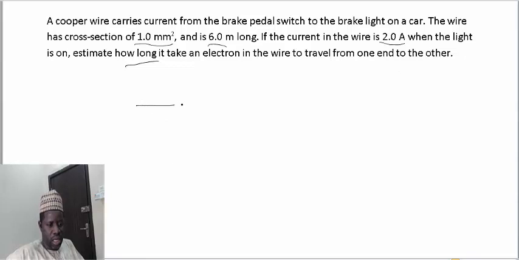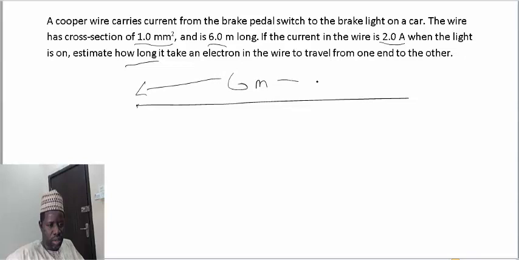Let's say this is the length of the wire, and we have the switch somewhere here, which is one end of the wire. Let's imply that the distance from here to here is 6 meters. The wire is so small that the cross-sectional area A is 1 millimeter square.